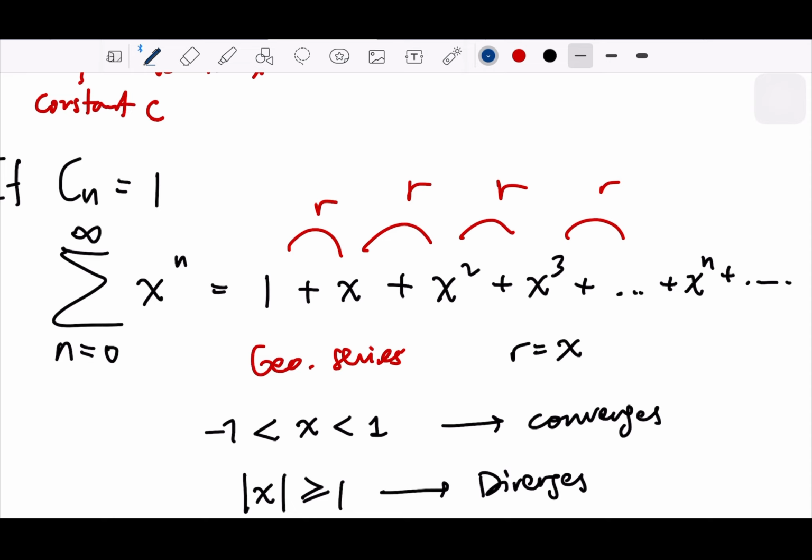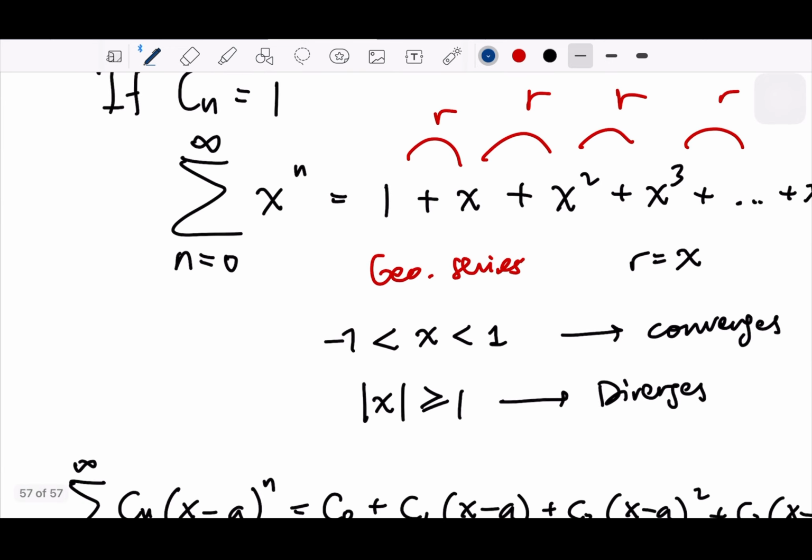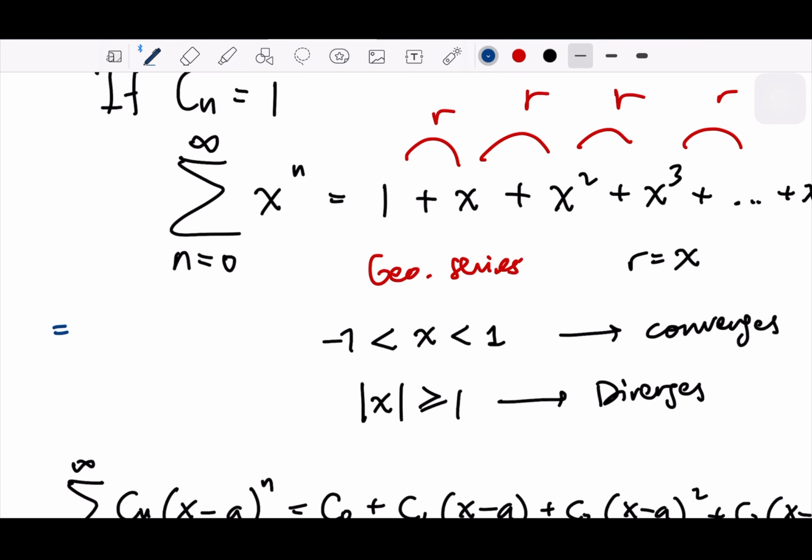If we want to check the sum of the geometric series, we can say that this will be equal to 1 over 1 minus x, right? The sum of the geometric series. This is a, this is r. So eventually, you get a function.